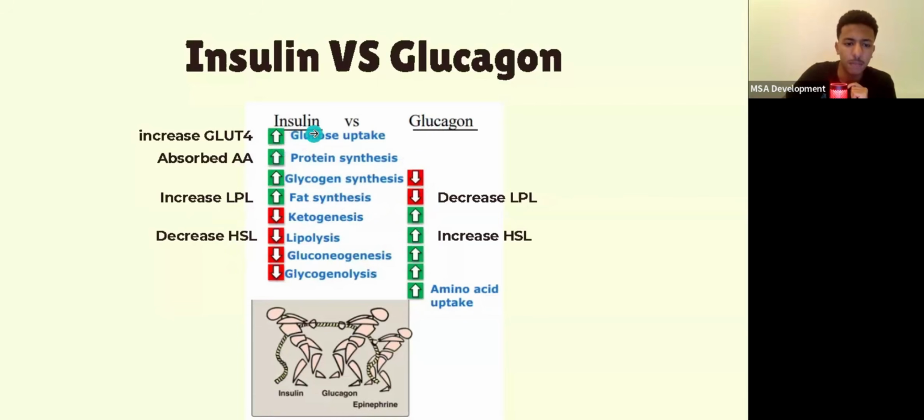Remember this: insulin is going to increase LPL activity. Insulin is going to decrease HSL activity. Glucagon is going to decrease LPL activity. Glucagon is going to increase HSL activity. LPL is used for fat synthesis, lipoprotein lipase. HSL is used for lipolysis. Okay.